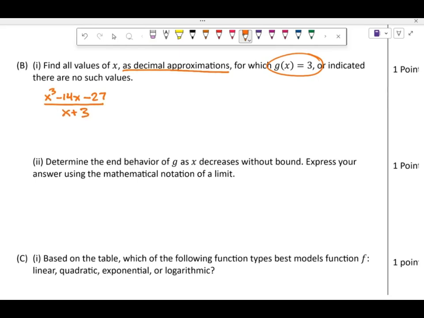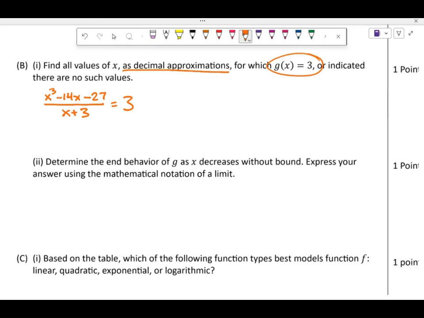Now, g of x equal to 3, does that mean I'm plugging in 3? No, that means this is equal to 3. We are not plugging in 3. Whenever you have this type of problem, we need to solve for x. Now, would I really want to solve that by hand?